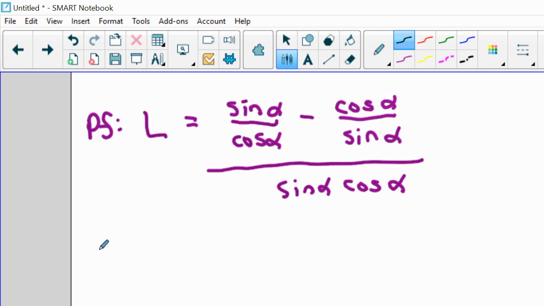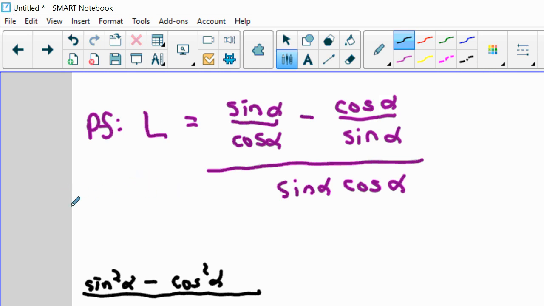If these have nothing in common, I go sine squared alpha minus cosine squared alpha over cosine squared alpha sine squared alpha. Now, I'm starting to look here, and I'm not quite sure where I need to go, because this thing is not simplified like this. So now I go back to the top, and I go crisscross applesauce.